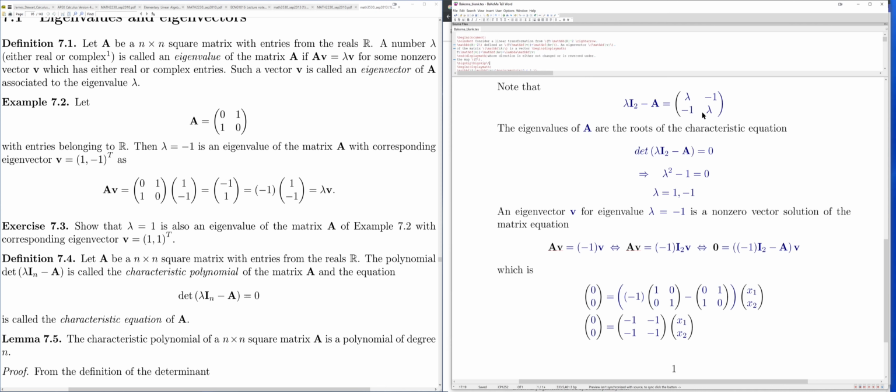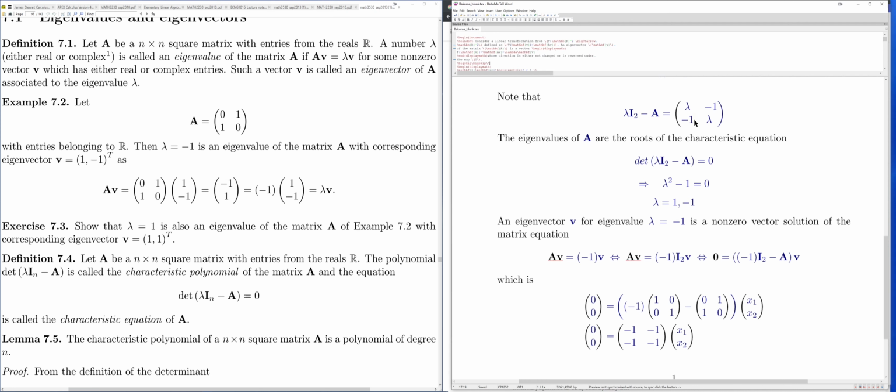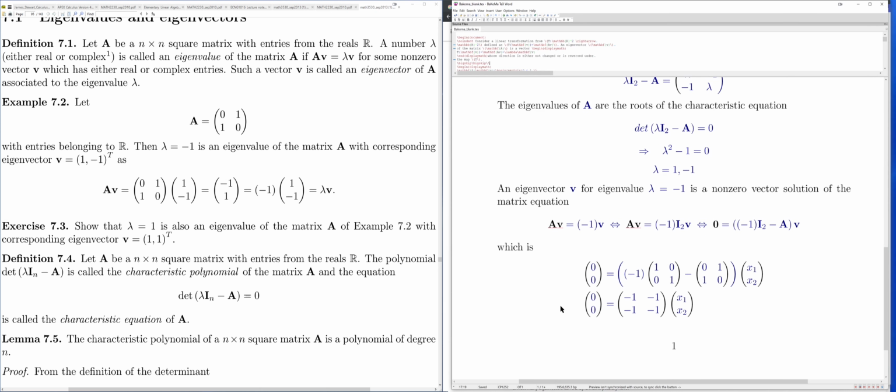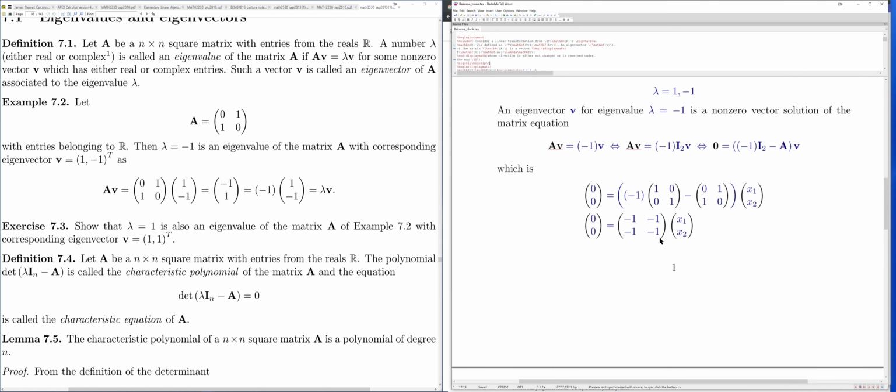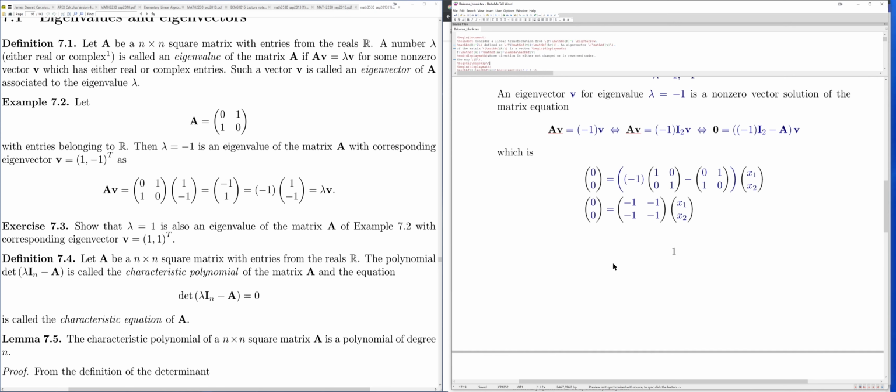So if you're trying to get the eigenvector for lambda equal to minus 1, you could just skip this working over here, put in your eigenvalue, which is minus 1, into this, and then just form this matrix equation. And what we're going to see in a second is there's actually a somewhat faster way to do this.